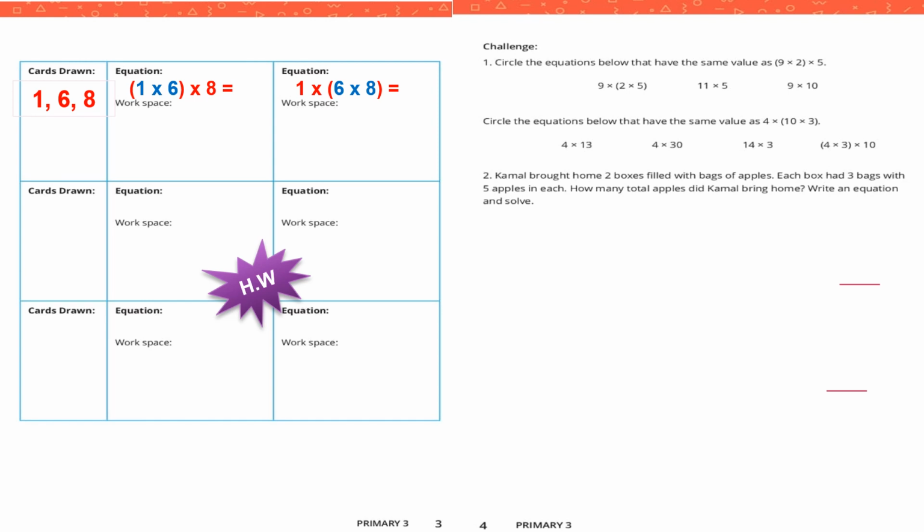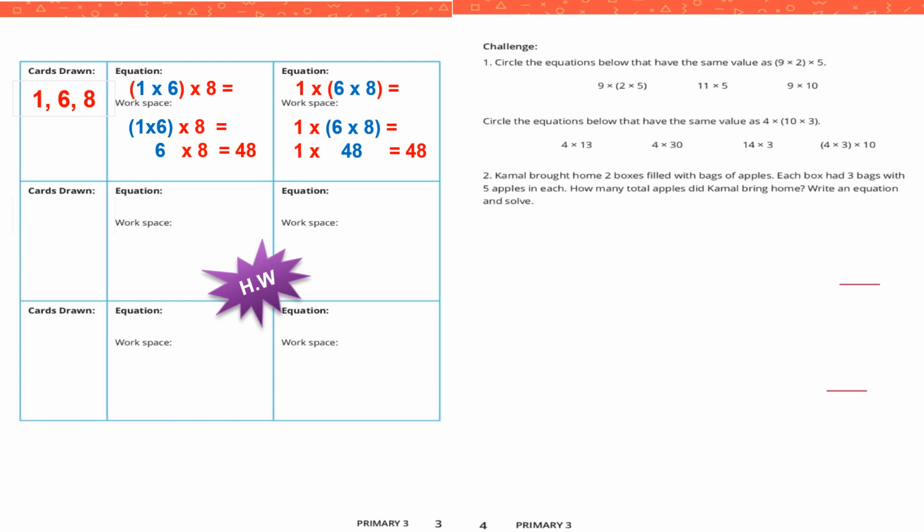The first one, 1 times 6 equals 6. 6 times 8, 48. We studied it in table 6. In the second way, 6 times 8, 48. 48 times 1, 48 also. Okay, they have the same product here.